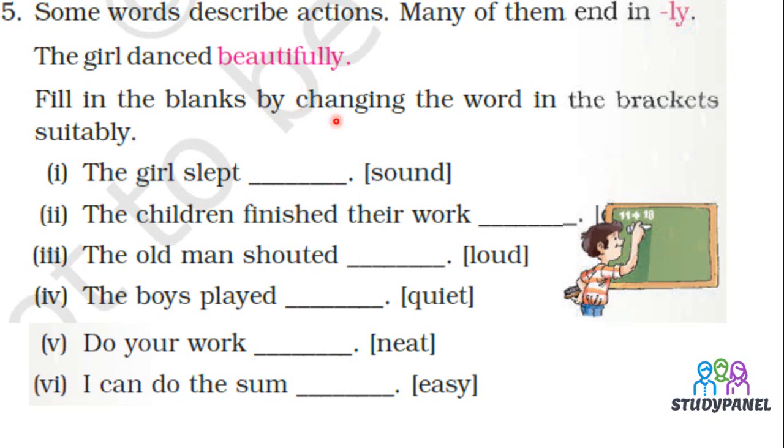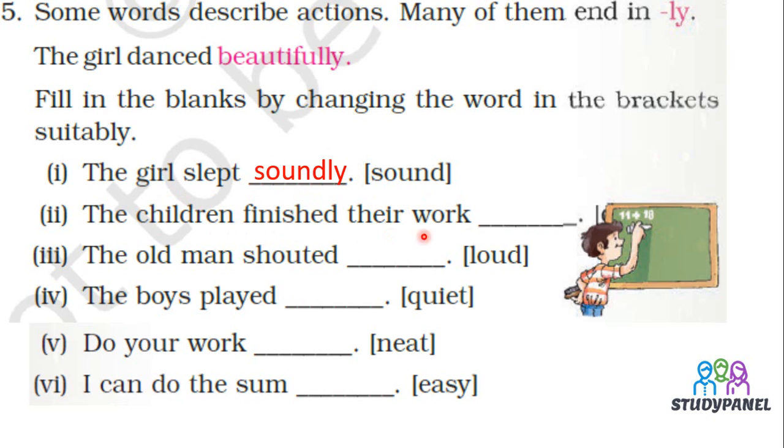Now fill in the blanks by changing the word in the brackets suitably. Here we have some words, so we have to add ly after that word, ly as a suffix. So the girl slept soundly. This is ly after sound.